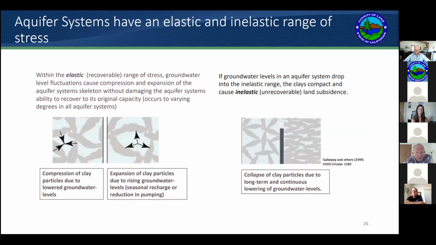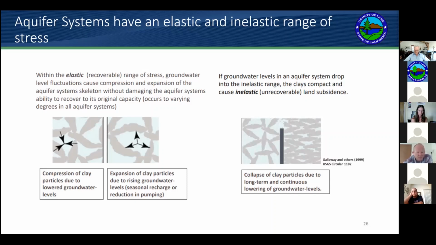Land elevation will change, not necessarily daily, but weekly, monthly, a little bit. And that's related to barometric pressures and those kinds of things, but those are really, really small levels. Generally, that's considered elastic subsidence.